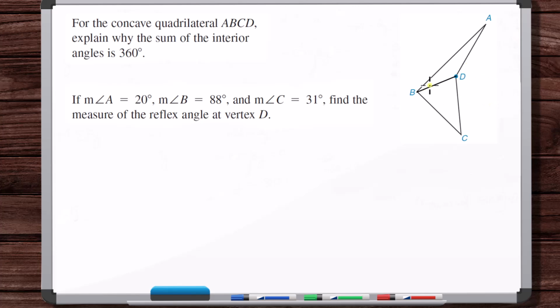Okay, so let's see. Let's call this angle 1, this angle 2, this angle 3, and this angle 4. So with that, we can say that the measure of angle A plus the measure of angle 1 plus the measure of angle 2 is going to be 180, right?